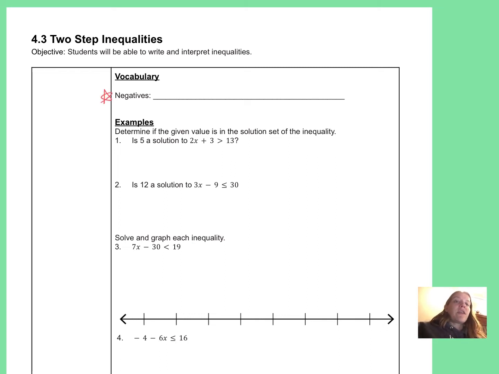So again, with negatives, if we multiply or divide by a negative, we're going to flip the sign. So then the less than becomes greater than becomes less than, and so on.